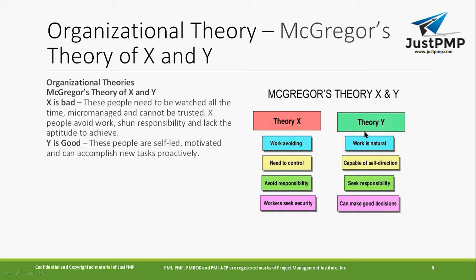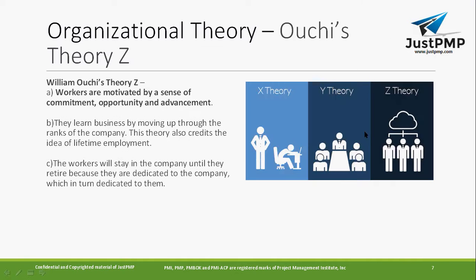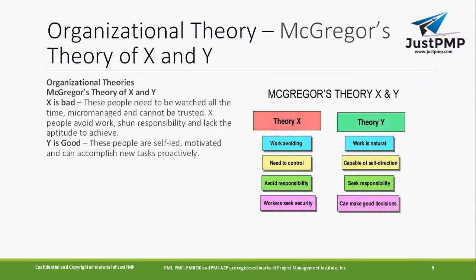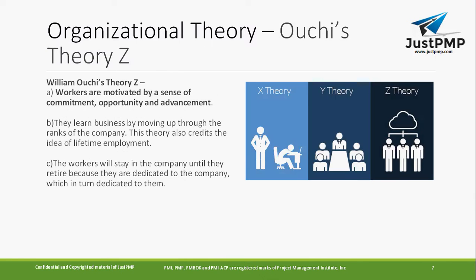So that's what this theory talks about. It is the theory X and Y, where work is natural and people are capable of self-direction. Those resources belong to theory Y. In the exam, you can definitely expect one or two questions based on theory X and Y. Just understand it easily, and based on the scenario, you can give the answer.